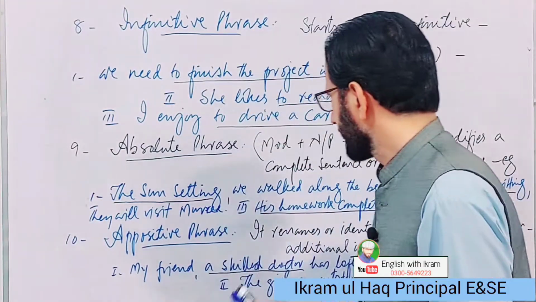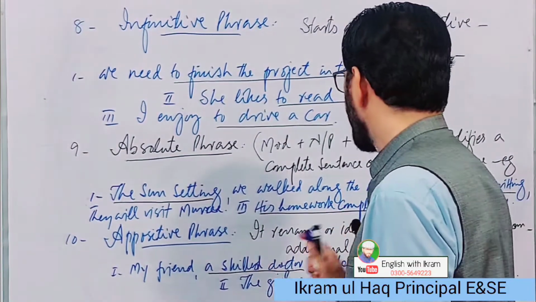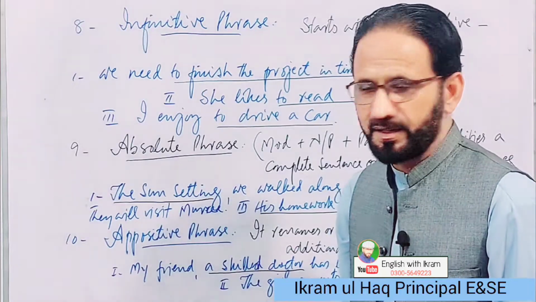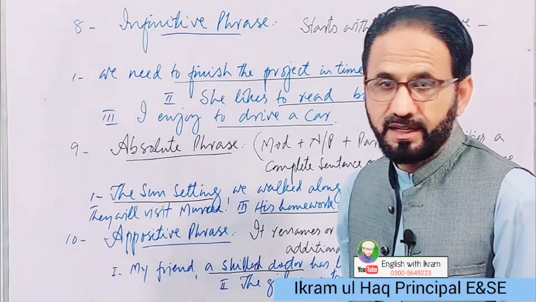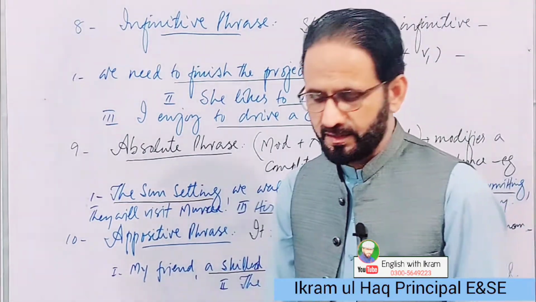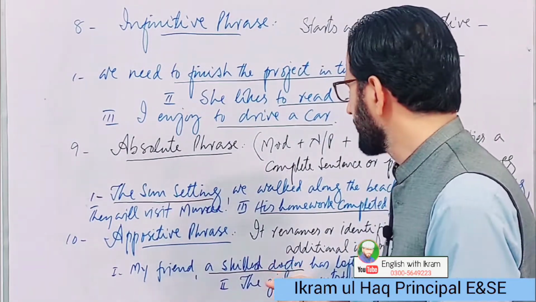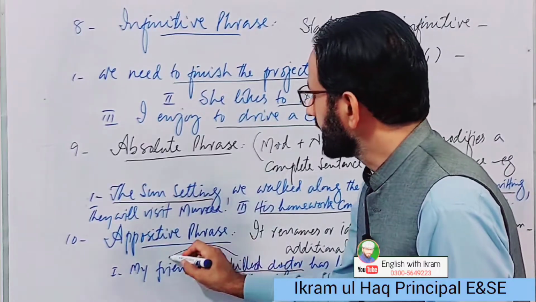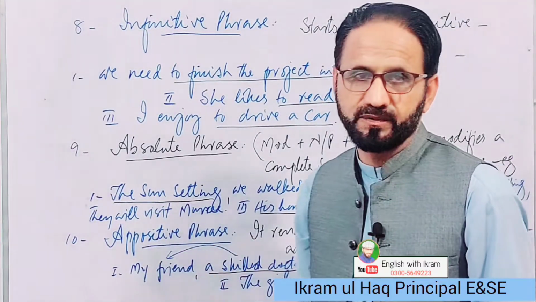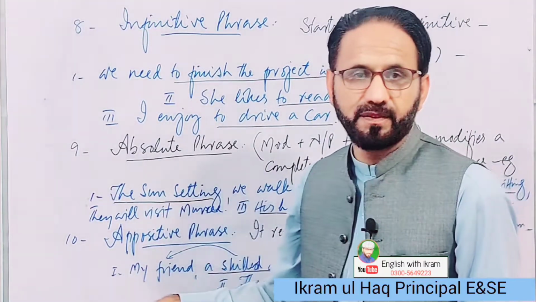For example, my friend, a skilled doctor, has left for England. Here in this sentence, a skilled doctor is a group of words giving additional information about a noun. It's renaming my friend.